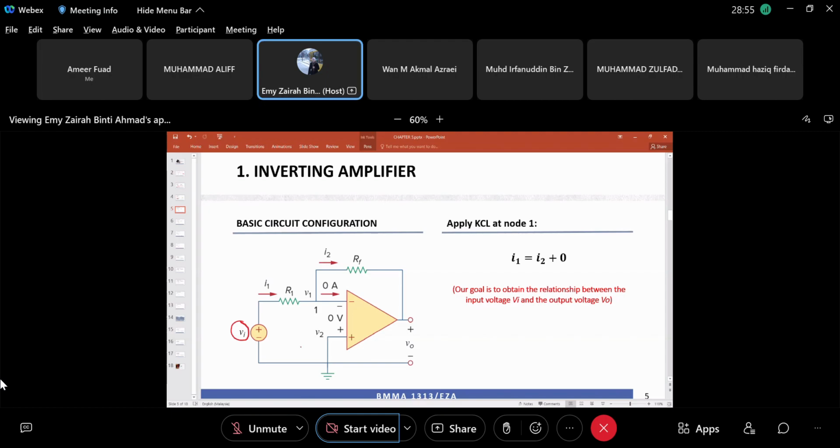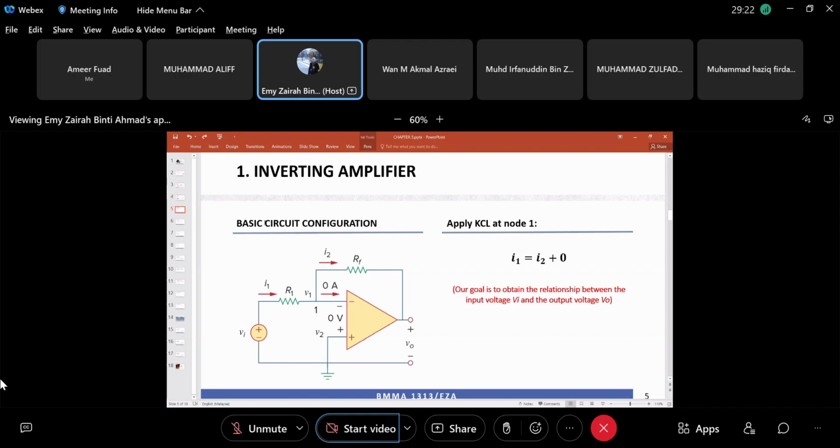Next we will see what a non-inverting amplifier looks like. In non-inverting, the supply will be here. We give the supply to the non-inverting terminal. If the supply is given to the negative terminal, it will be an inverting amplifier. So this is the basic configuration.